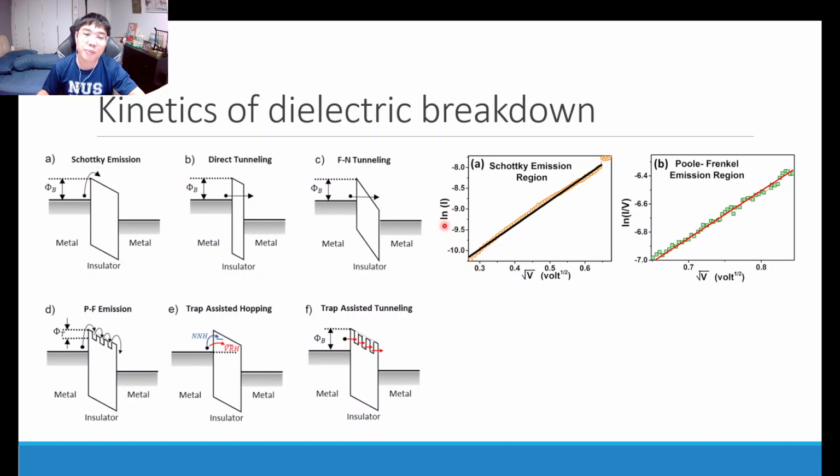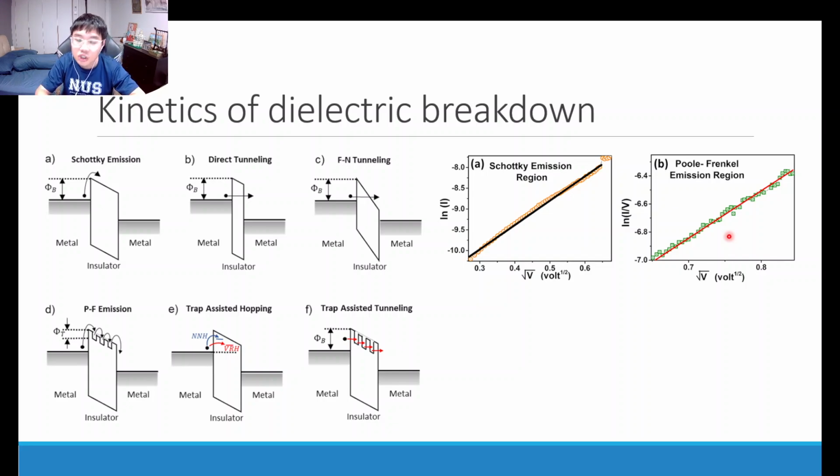For example, if the plot of ln of your current against the square root of voltage, gate voltage in this case, is linear, then most likely it follows a Schottky emission mechanism. However, if it's the plot of ln of current over voltage against square root of voltage that gives you the linear relationship, then most likely it's a Poole-Frenkel emission mechanism of the gate oxide leakage current that's occurring.